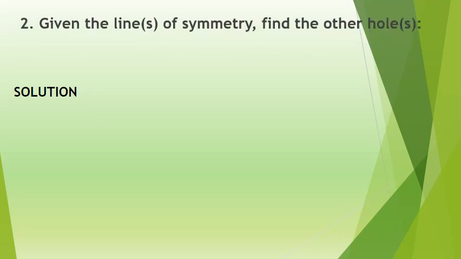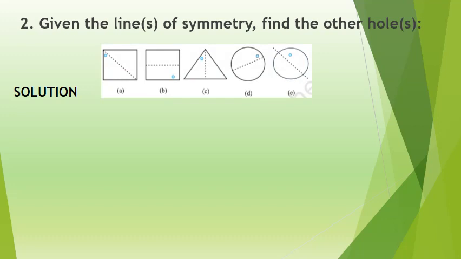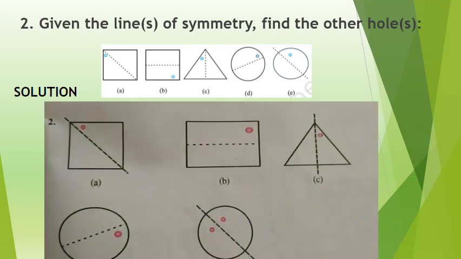Next question, given the line of symmetry, find the other holes. Here the line of symmetry is drawn, and we have to find the other hole. We can see the holes are given on the right side here. The first one, the hole is here, and in the second one, down only the hole.